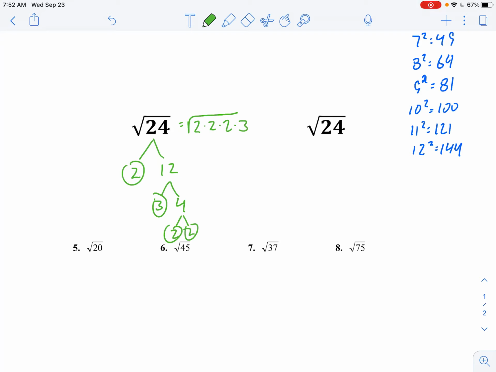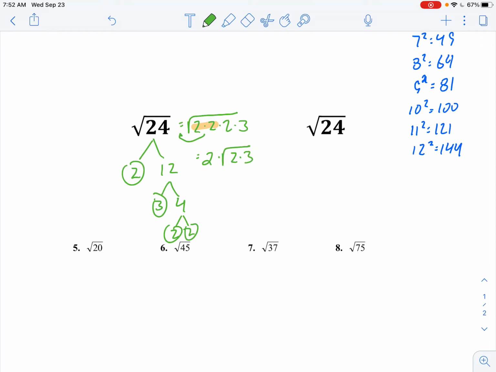So I'm going to put all the 2's together, and I'll put the 3 in the back just to put them in order. Now, one way using a factor tree to simplify a radical is you have to look for a pair of 2 being multiplied by itself. Here I have a 2 and a 2, so this would be equivalent to, take one of these 2's out, 2 times the square root of 2 times 3.